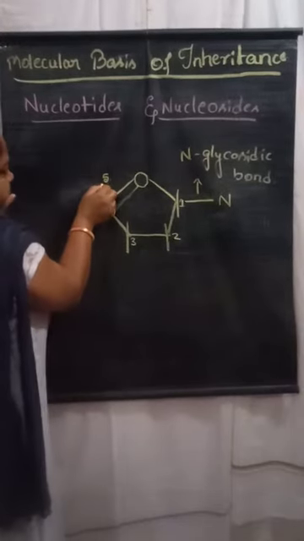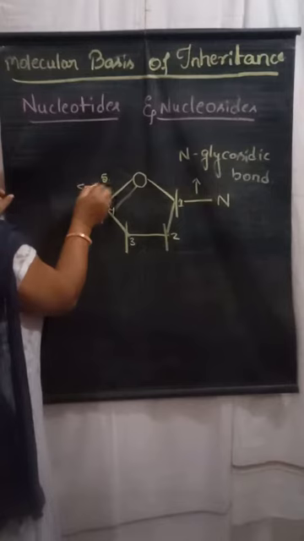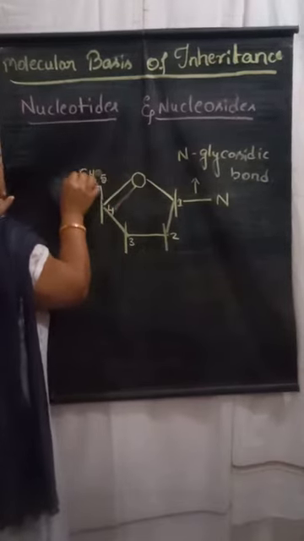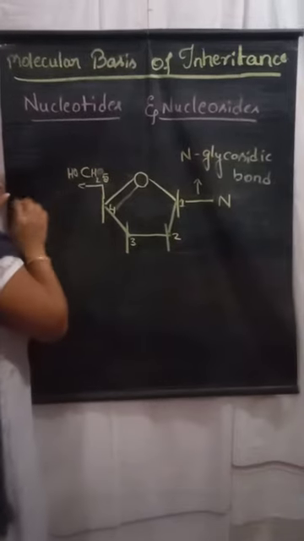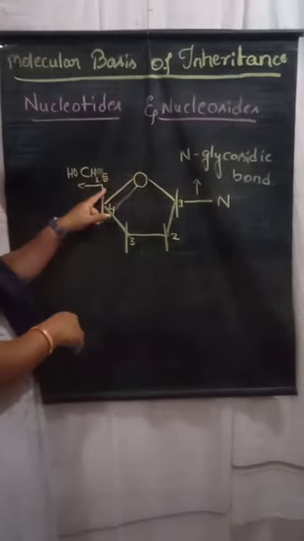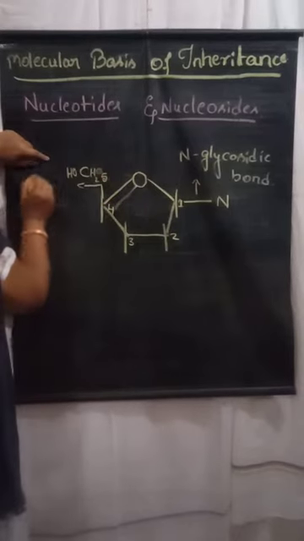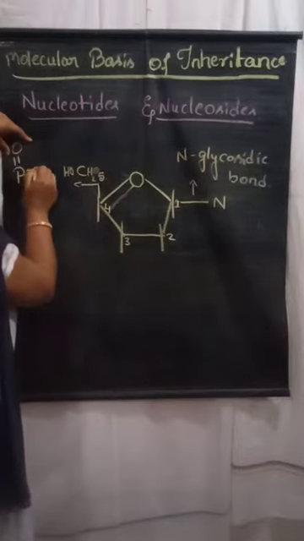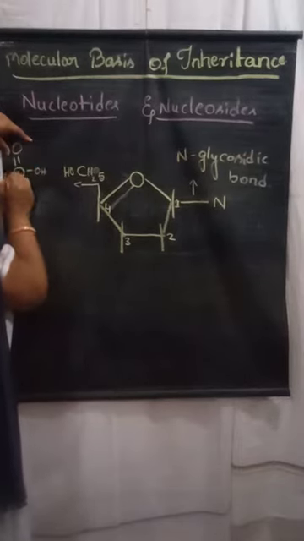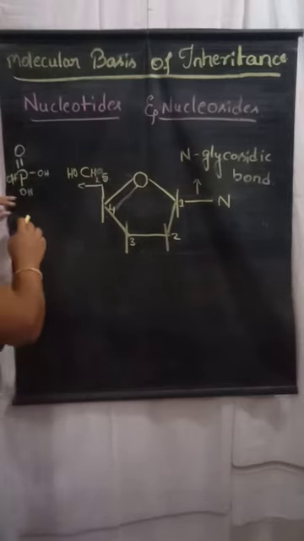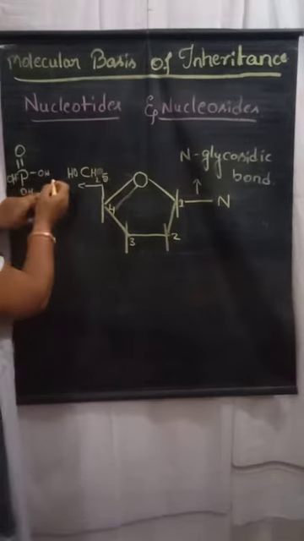And for the fifth carbon atom, CH2OH, the phosphoric acid group, H3PO4, attaches.